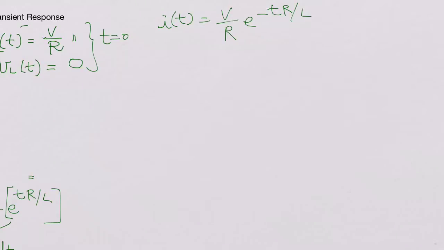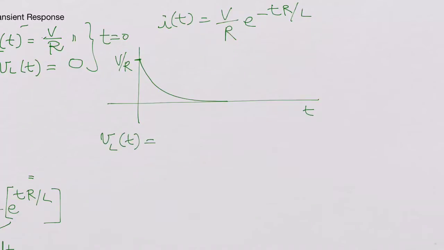So what happens here is the current, if you plot it with respect to time, it started at V over R and then it dies down exponentially towards 0. So now let's look at the voltage across the inductor.